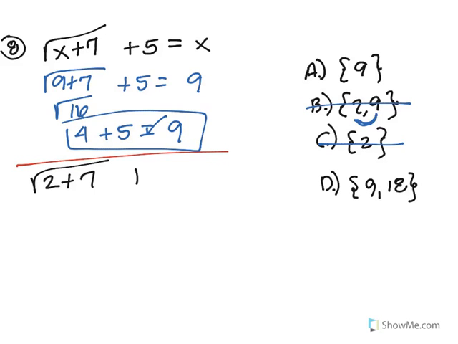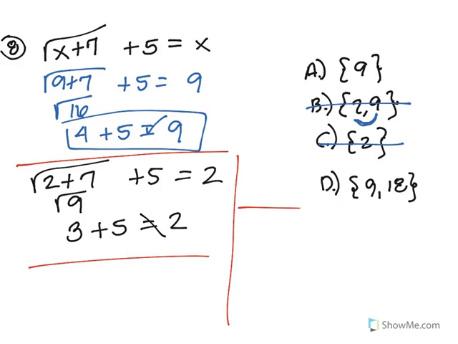But if you try 2, 2 plus 7 plus 5 has to equal 2. Well, 2 plus 7 is under the square root, so that's a 9. Square root of 9 is 3, and it's 3 plus 5, 2. No. So that does not work. So yes, you know B and C don't work. So the only other thing you would try would be what, 18?